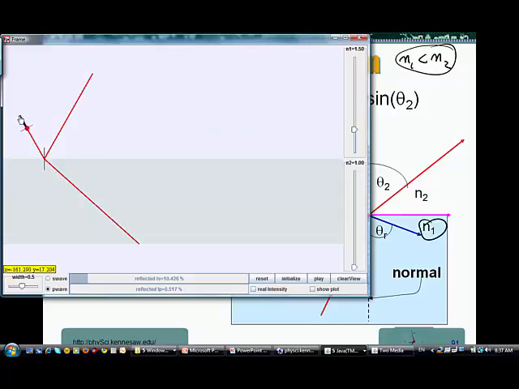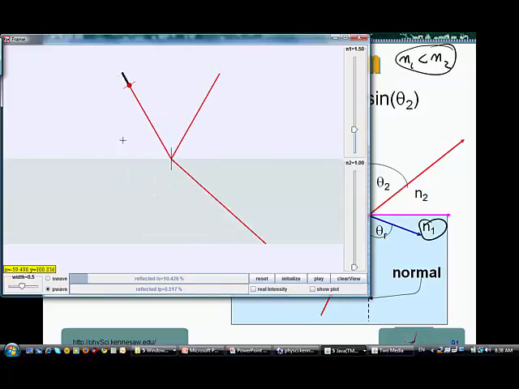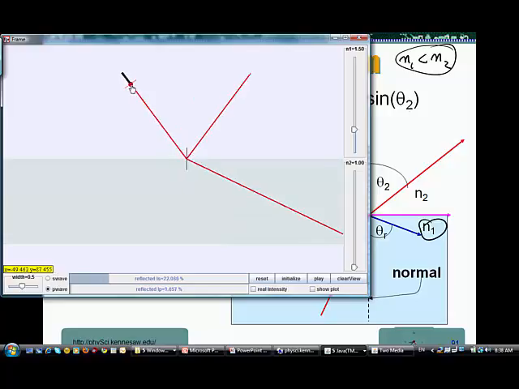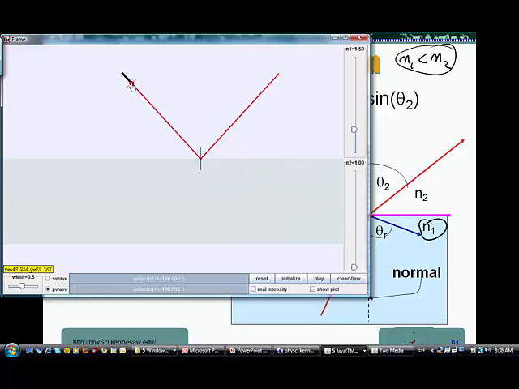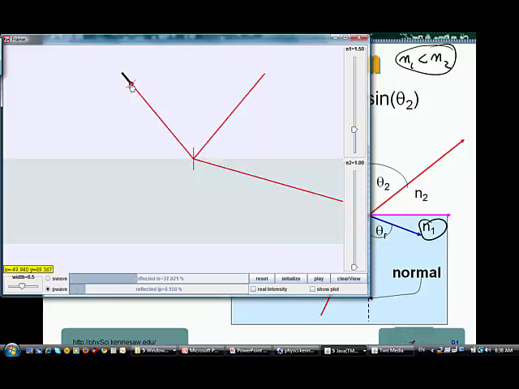Okay, let me move the light source to the middle. Okay, you notice here that the angle of incidence is smaller than the angle of refraction. Now, as I increase the angle of incidence, the angle of refraction is going to obviously increase. Okay? And there we go.